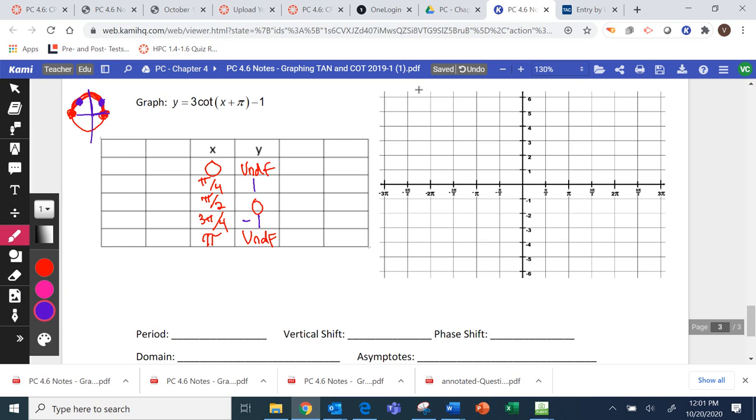Then we've got a vertical stretch by a factor of 3. Undefined stays undefined. And then I'm going to subtract 1.